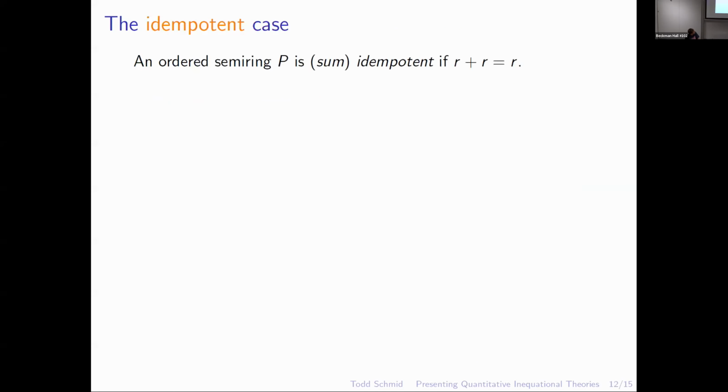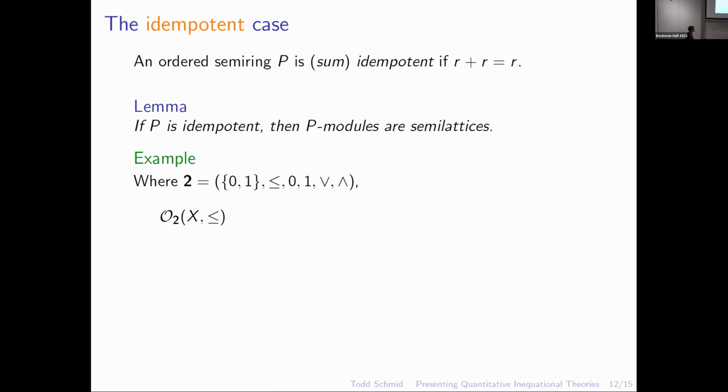Okay. Let's talk about the idempotent case, because this is another interesting case. A semi-ring is called idempotent if R plus R is equal to R. Basically, what sets these examples aside, and one of the things that we might find interesting about them, is that any P module where P is an idempotent semi-ring is going to be a semi-lattice of sorts. You actually show that X plus X equals X in this case.